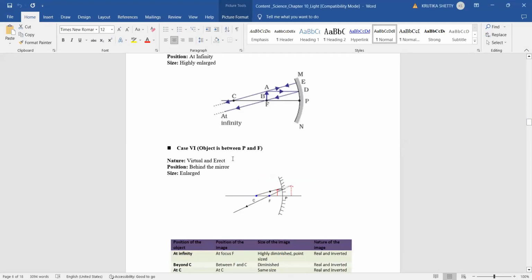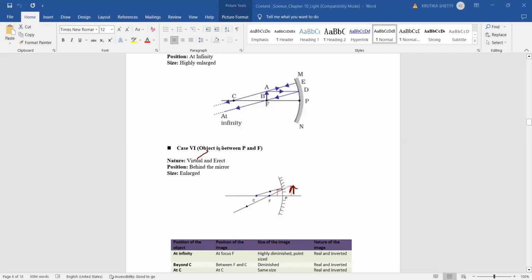So for the case 6, the object is between P and F. That is, between the focus and the pole. Here the red color you can see. Okay. So when this is placed between the pole and the focus, you can see the image is forming backside of the mirror. So when it is backside of the mirror, it means that it is a virtual image.